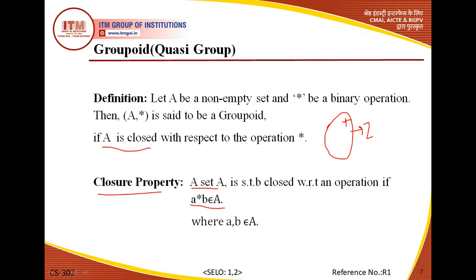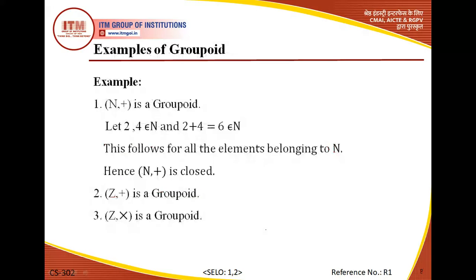I hope the closure property is pretty much clear. Please remember that this should happen for all a's and b's. For all a's and b's, a star b should belong to A only. Then only we say that this particular set with this binary operation is known as the groupoid. I hope that's pretty much clear.